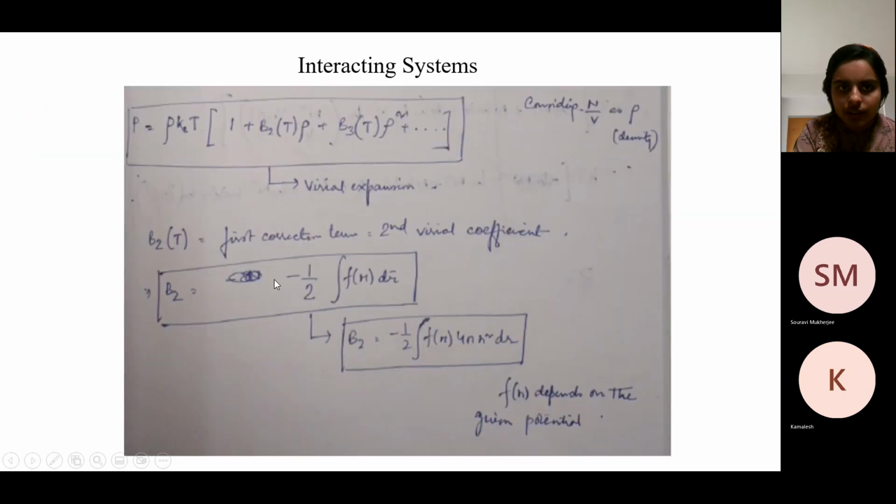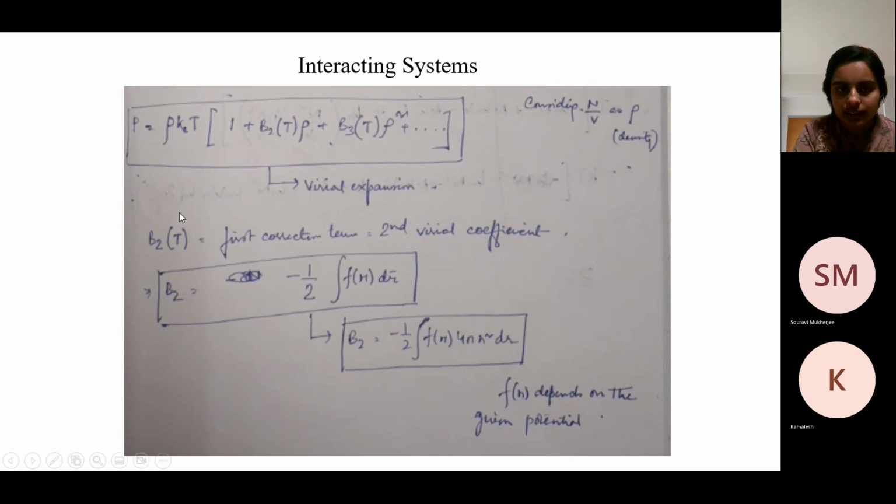Here now if we write n by v as the density rho, we can expand pressure by this expansion. So this is called the virial expansion. The second term is actually the first correction term, and this is called the second virial coefficient. The first virial coefficient corresponds to what we get for a non-interacting system.